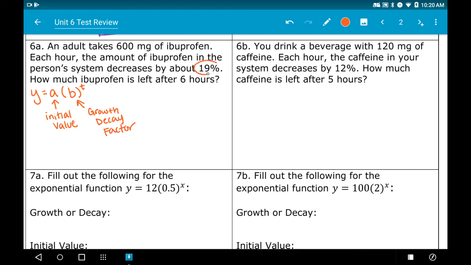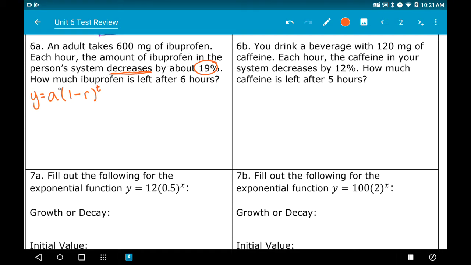But notice here we have a percent. So that's actually going to change our formula just a little bit. So I'm going to erase this. Remember, whenever we have a percent, it's going to be y equals, still going to be a, but then it's going to be 1. And now this one is decay. Decreasing means it's decay. So it's going to be 1 minus r to the power of t.